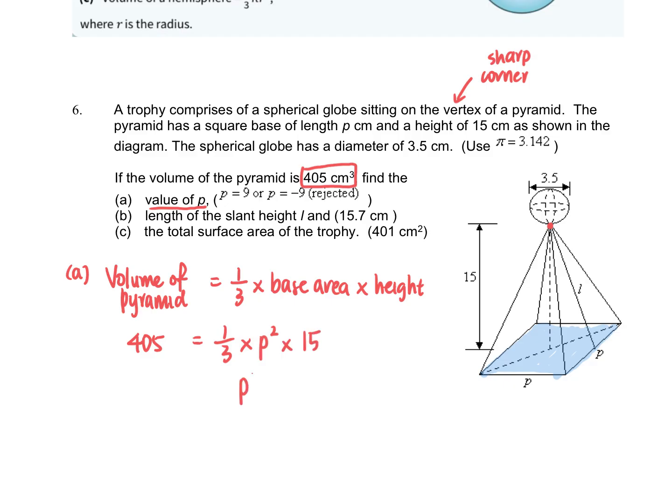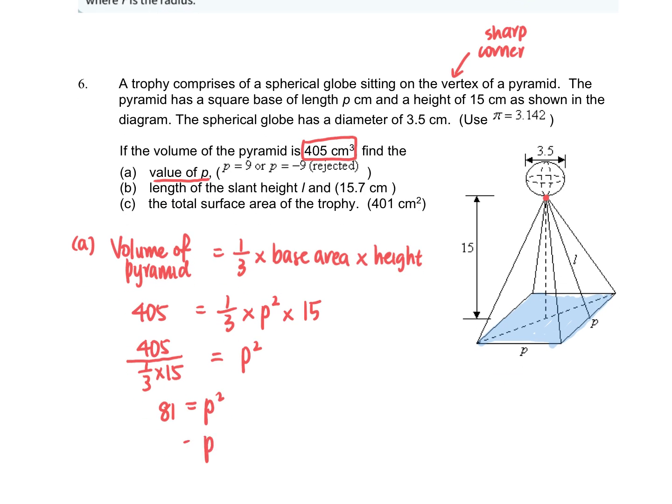So P square is 405 divided by 1/3 divided by 15. So can you calculate that? See, 81. Okay, it's 81.